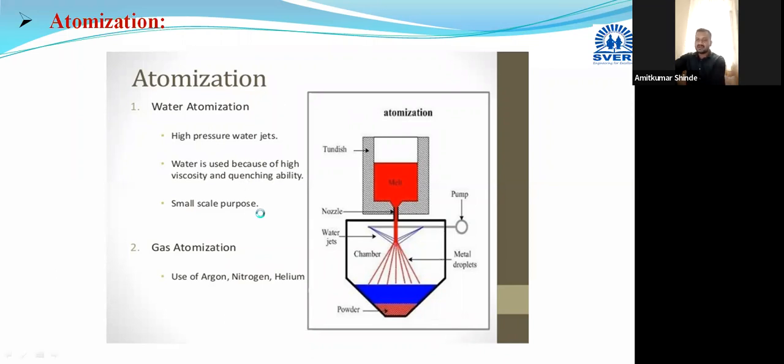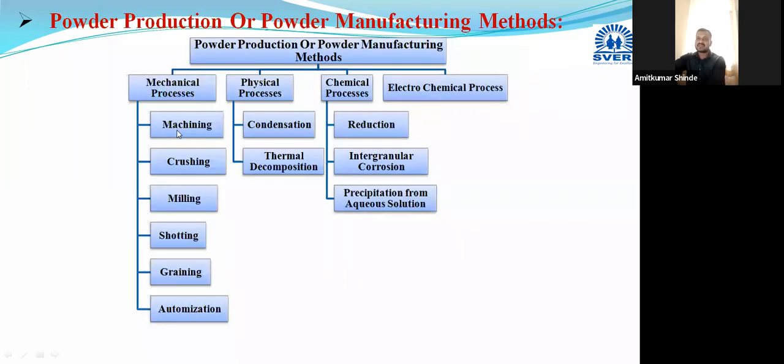So in this way, we have discussed these 6 mechanical processes of powder production: machining, crushing, milling, and lastly shooting, graining, and atomization.